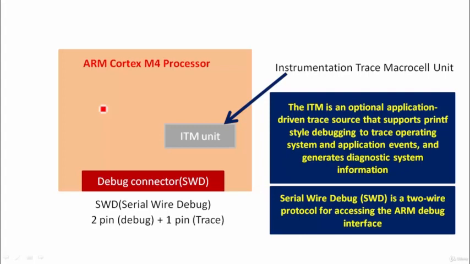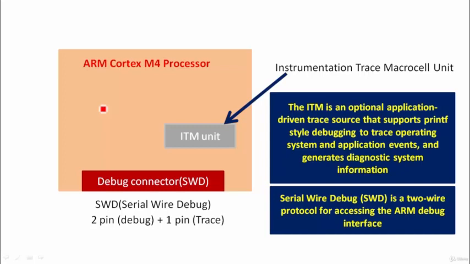To debug the processor, meaning if you want to read a memory location, read processor registers, make the processor halt, or make it run, we do all these activities using the debug interface. The debug interface we are using here is SWD.